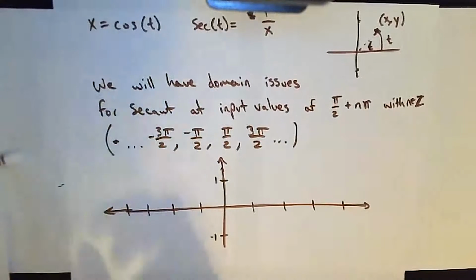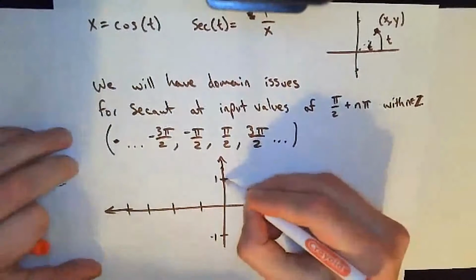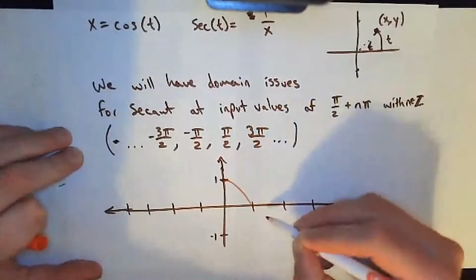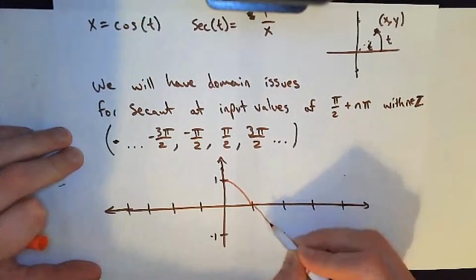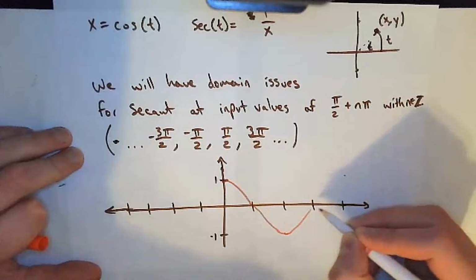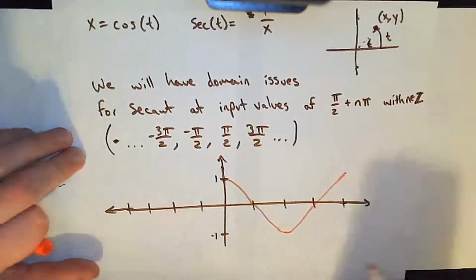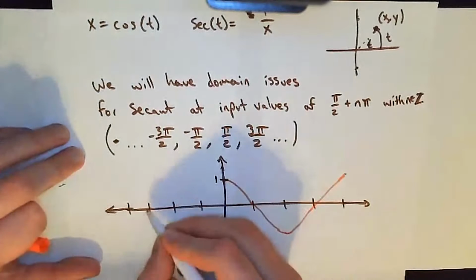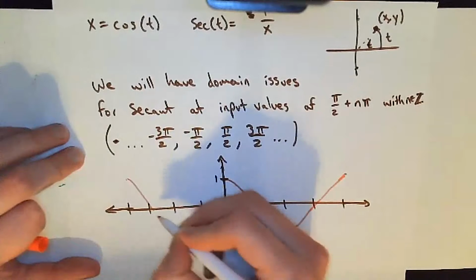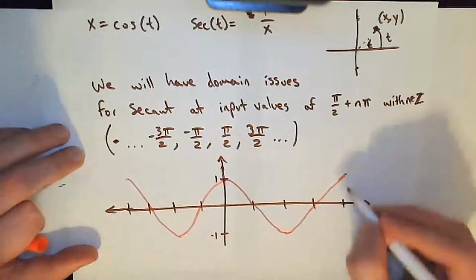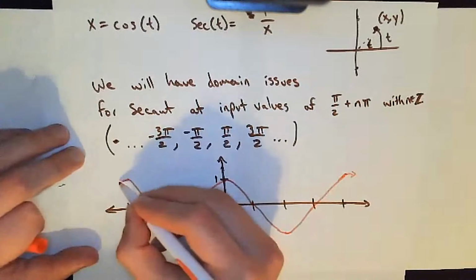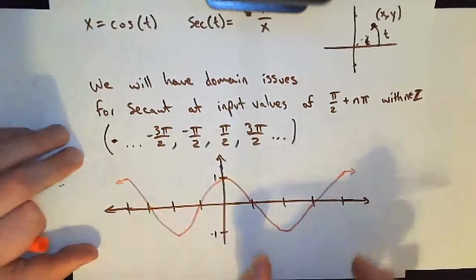So cosine, remember, is starting up top like this, coming down, and then here and here, and then up here. So there's one period there. Back this way. There we go. There's a sort of good cosine graph. 2 periods of it.